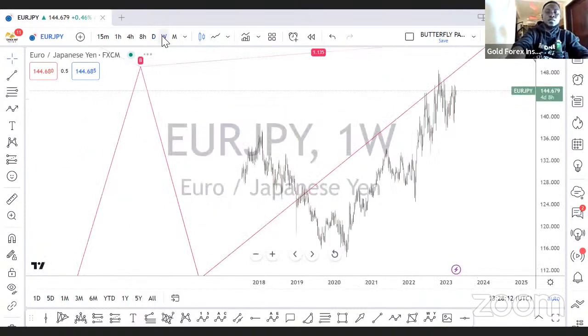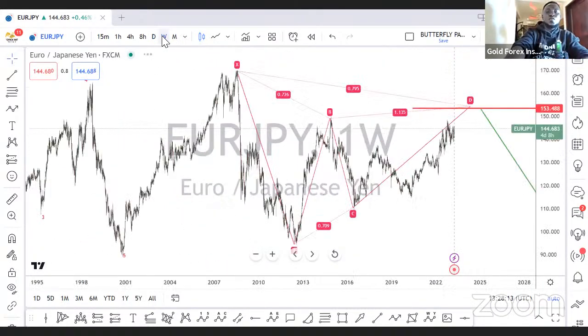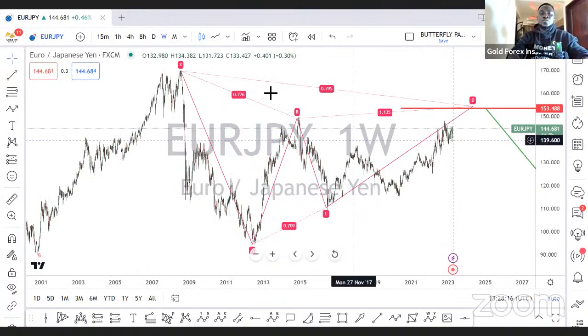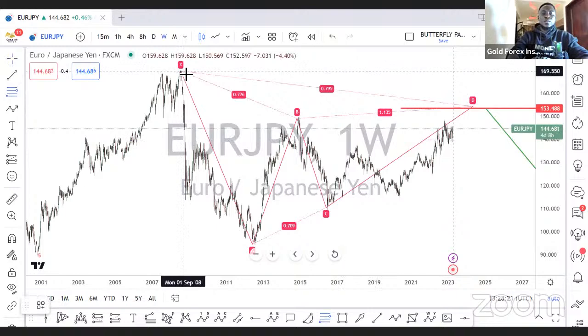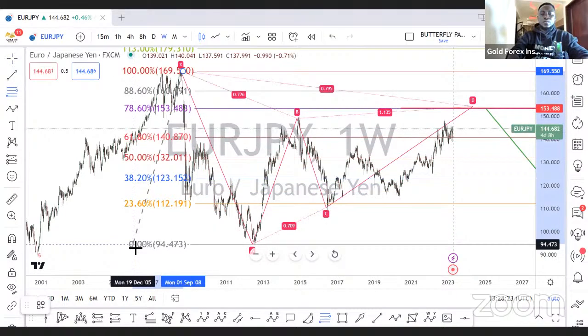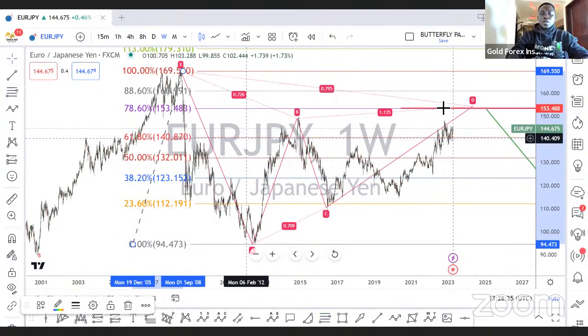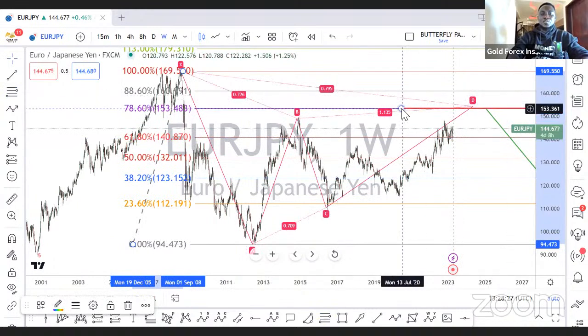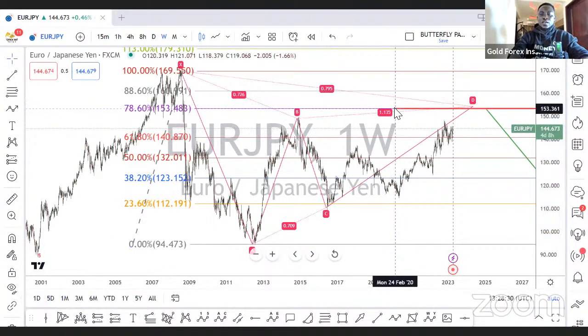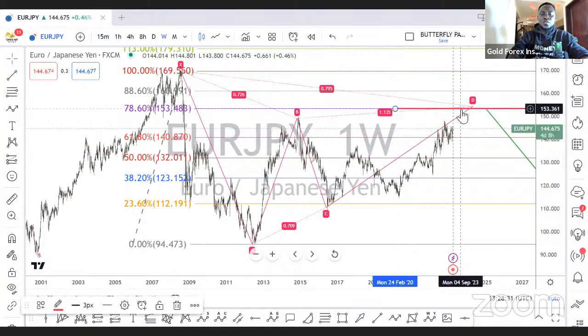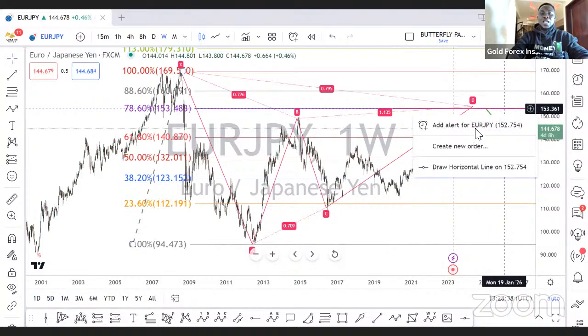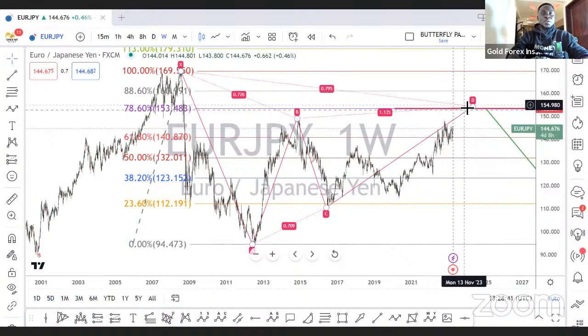Now, so this is the move. Okay, so from here, this is 61, so I'm expecting it to come and hit the 78.6 here. On the higher time frame, this is the move. I'm expecting it to hit this point.